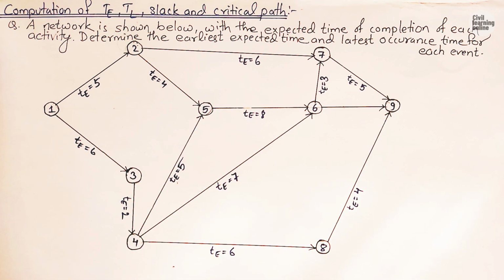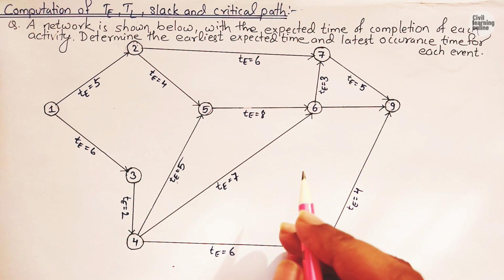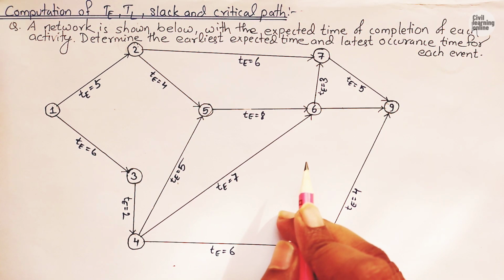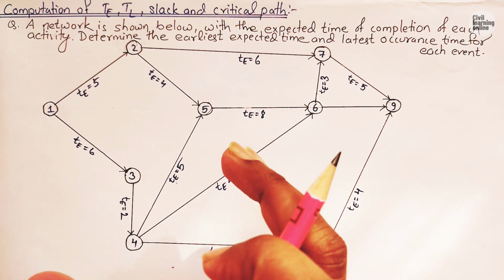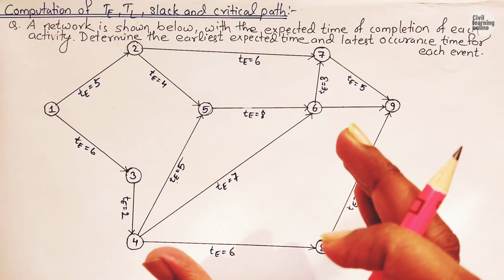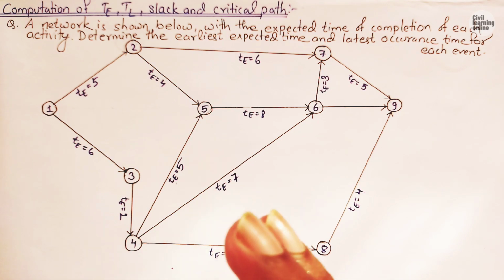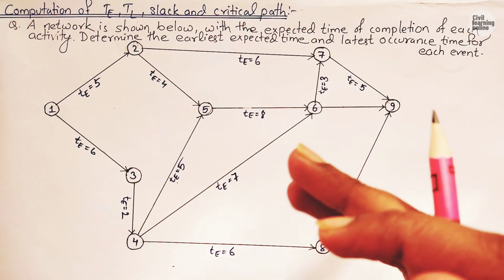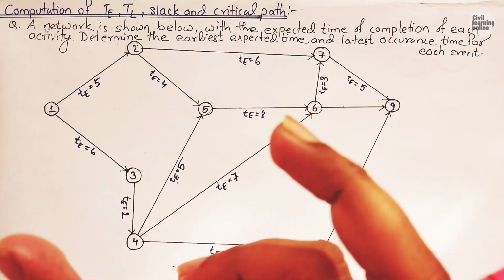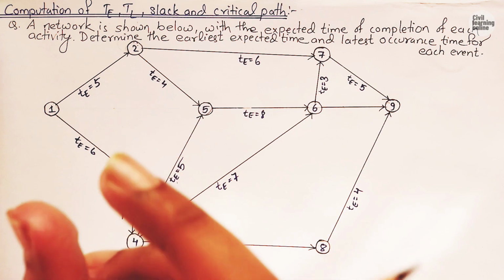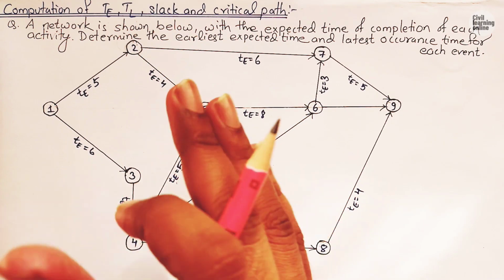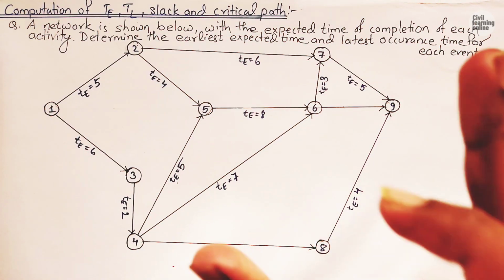So just for revision, I would like to make you familiar with some terms once again, and they are predecessor event, successor event, slack and the critical path. Predecessor events are those events which are to be completed prior to starting any other event. Means until and unless we have completed that particular event first, we cannot move to the further event.